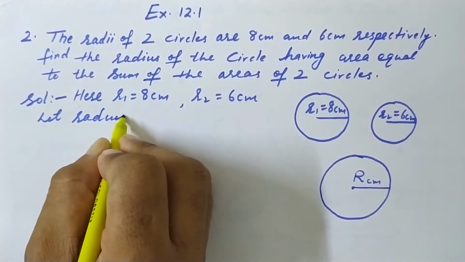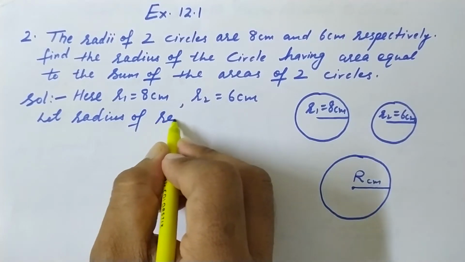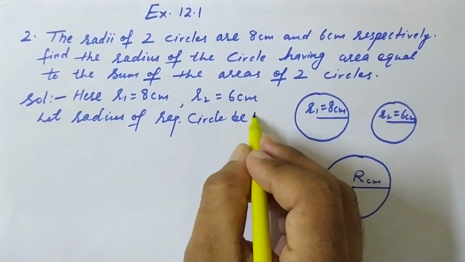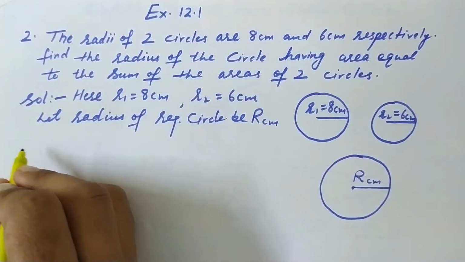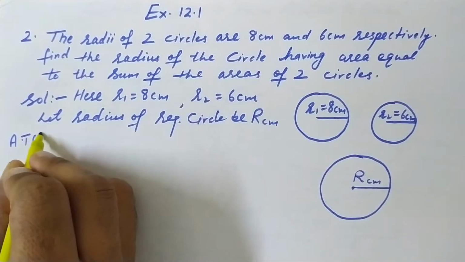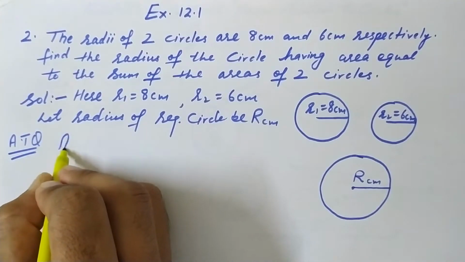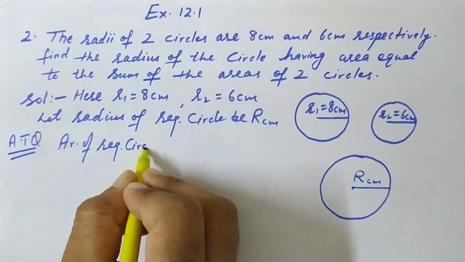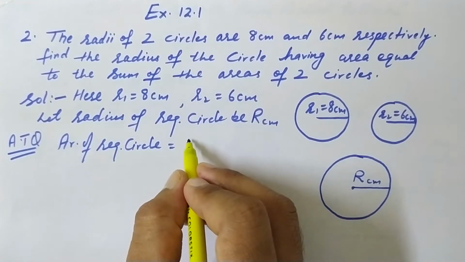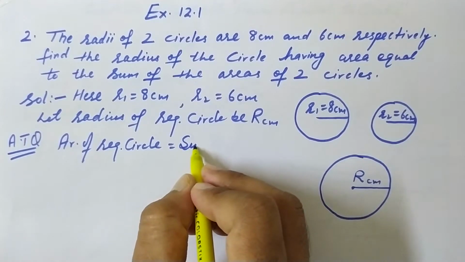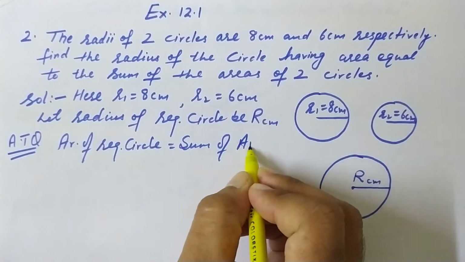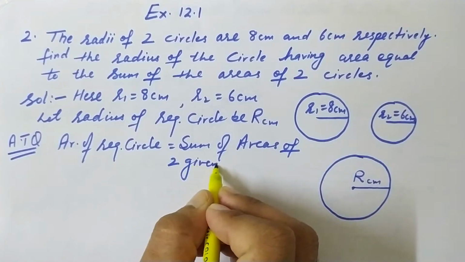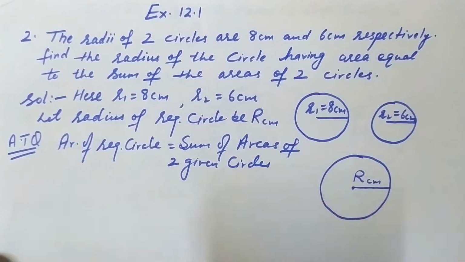According to the question, the area of the required circle is equal to the sum of the areas of the two given circles. This will be our equation.